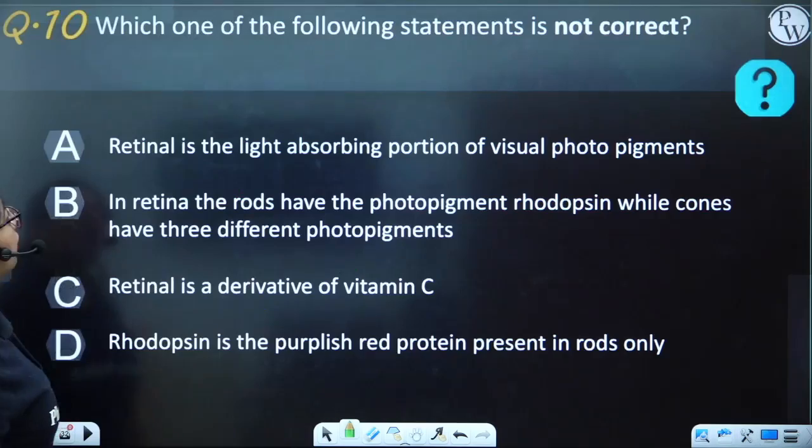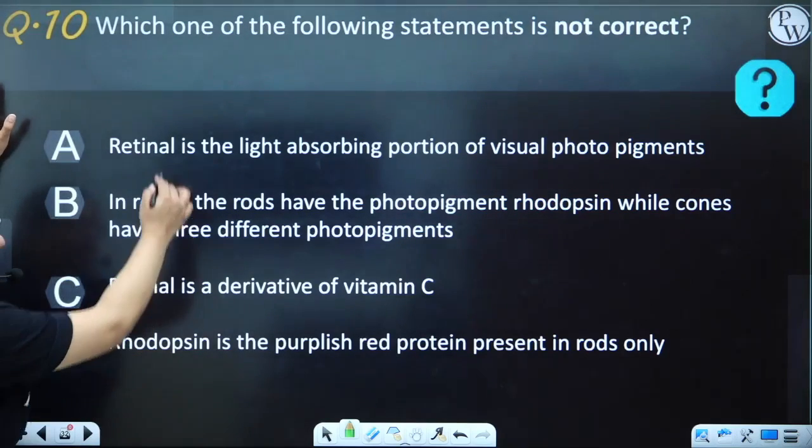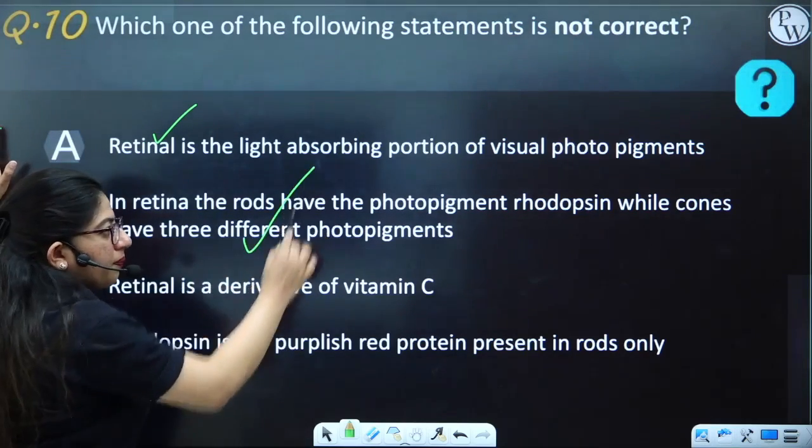Next. Which one of the following statements is not correct? Retinal is a light absorbing portion of visual photopigments. True. In the retina, the rods have the photopigment rhodopsin, while cones have three different photopigments. True.